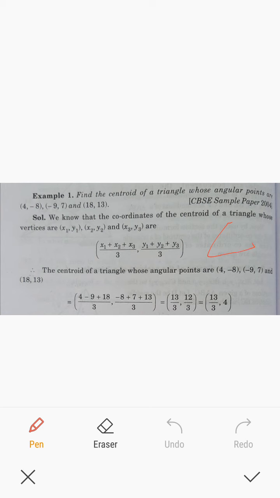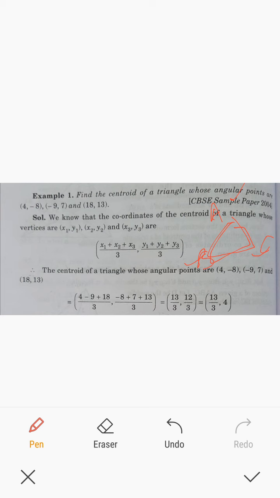If it is triangle ABC, the coordinates of A are (4, minus 8), B (minus 9, 7), and C (18, 13). So what are the coordinates of the centroid? No need to draw a figure. You can directly write the formula and substitute.